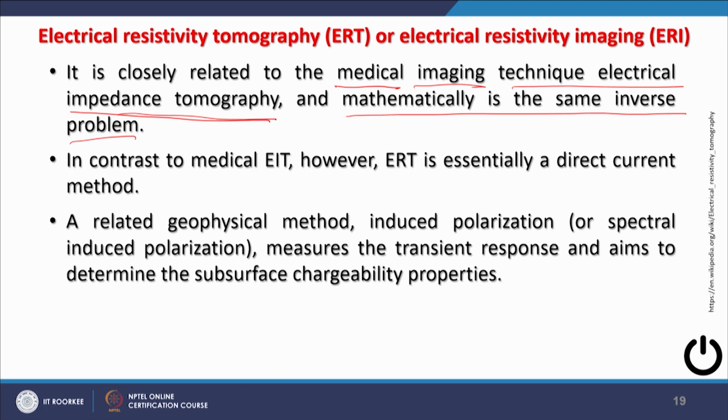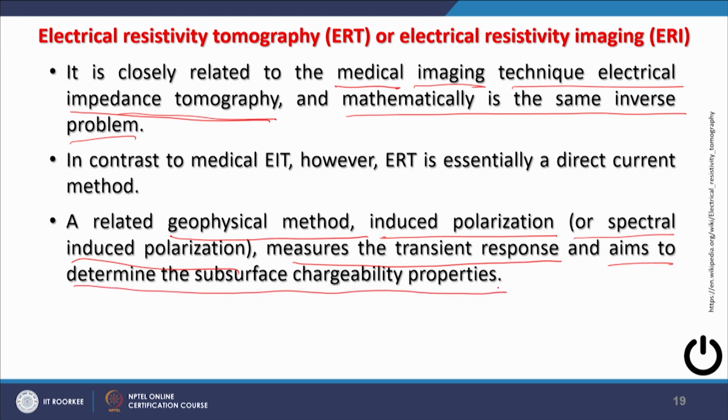A related geophysical method, induced polarization, or spectral induced polarization, measures the transient response and aims to determine the subsurface chargeability properties. These are variations of the methods, which detect the transient response of polarization and give information about the chargeability characteristics of different formations.